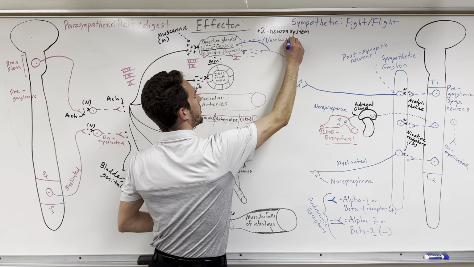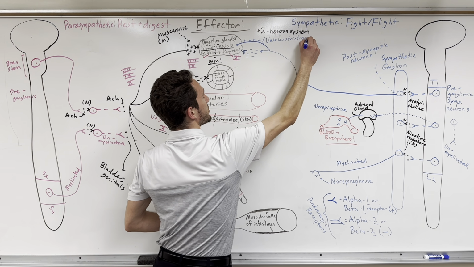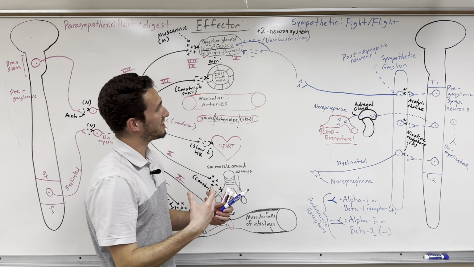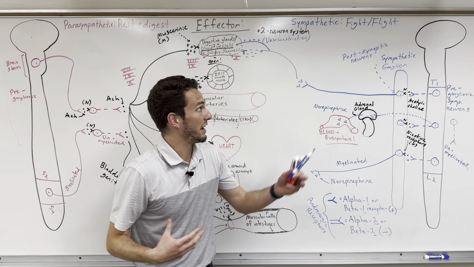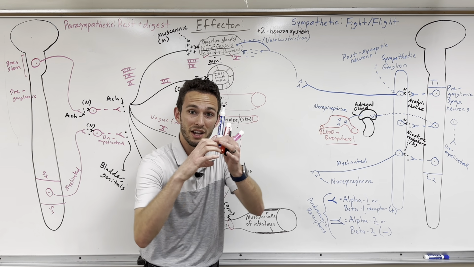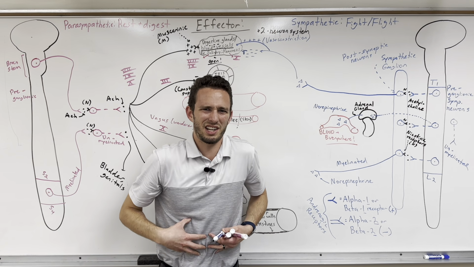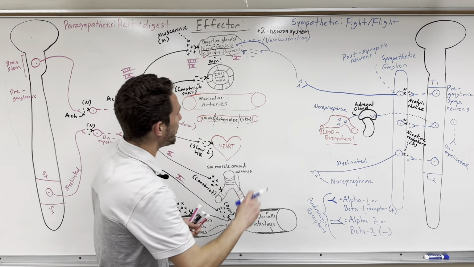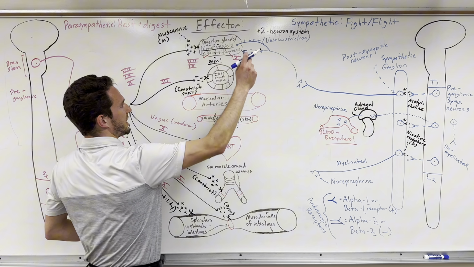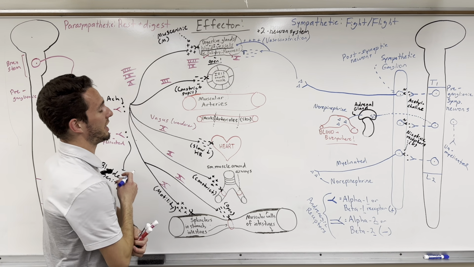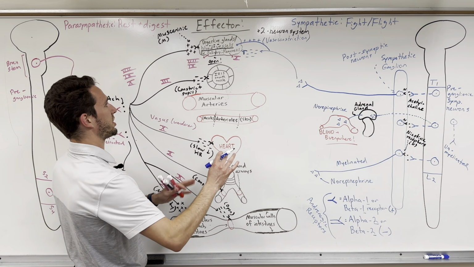Vasoconstriction basically means narrowing the blood vessels. And that's actually one reason you kind of have a stomach ache if you're really stressed or in fight or flight, is because the blood is actually closing up inside your intestinal tract, and it kind of gives you that queasy feeling, okay? So we're constricting those blood vessels and basically shutting down the salivary glands and the pancreas because we're not eating right now, we're not focused on that.